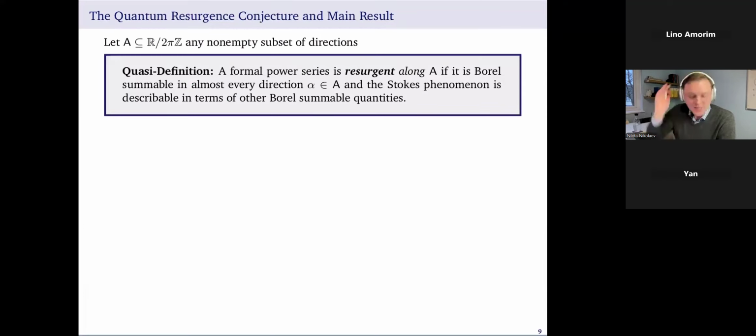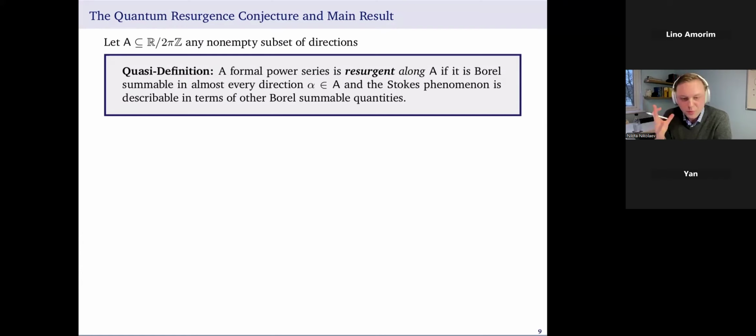So the goal is to analyze the analytic continuation of the Borel transform of WKB solutions and see where that operation makes sense, where it fails, and how it fails. This is precisely the realm of resurgence. Here's a quasi definition, which reads as follows.